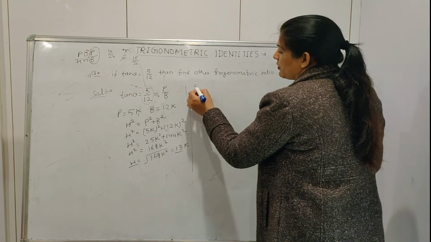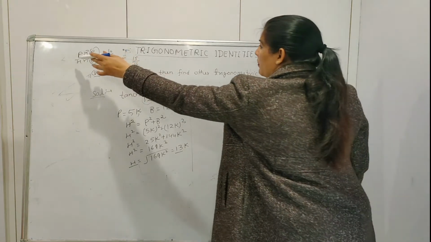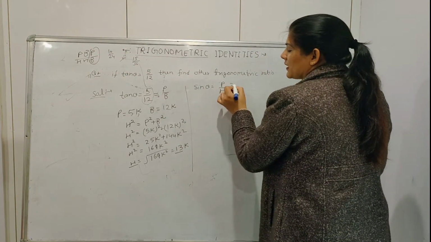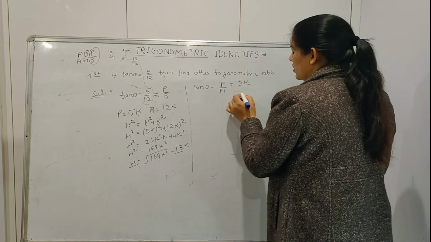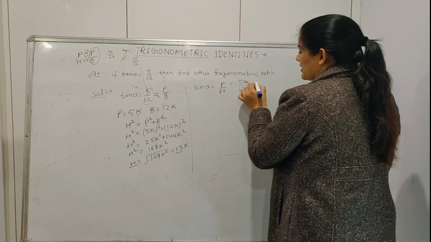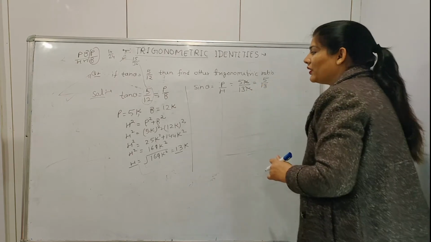We have to find first sin theta, which is equals to p upon h, and p is equals to 5k, h is equals to 13k. k is cancelled by k, and it is equals to 5 upon 13.